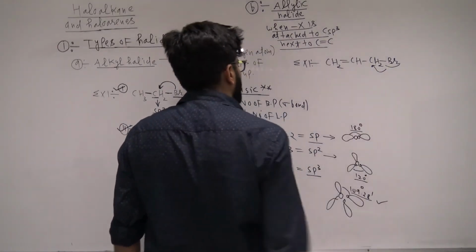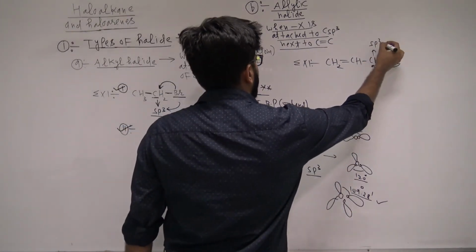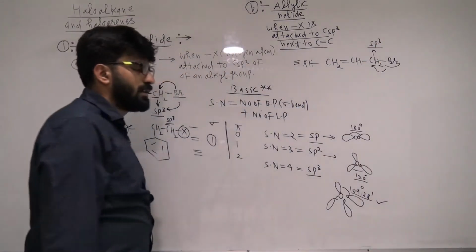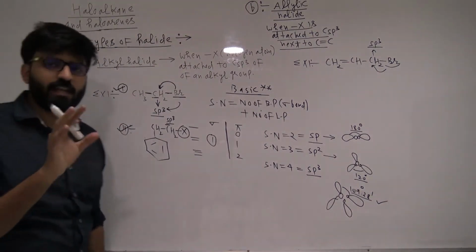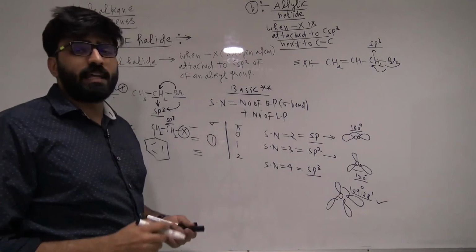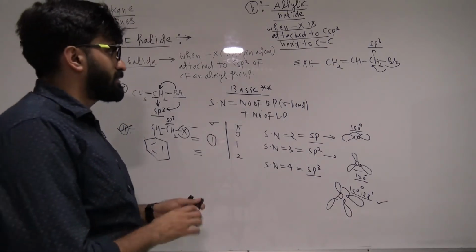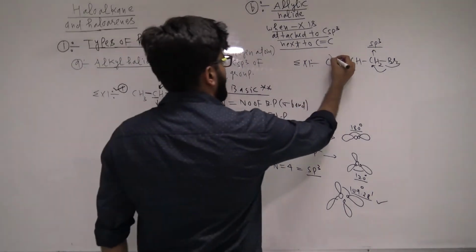Since this carbon is forming 4 sigma bonds, it will be sp3 hybridized. Yes, it is sp3 hybridized. So don't write alkyl halide. Check the neighborhood also. If the halogen is attached to an sp3 carbon next to C double bond C, next to C double bond C, so this is your C double bond C.